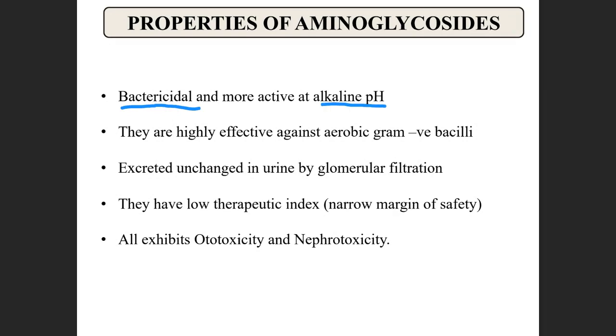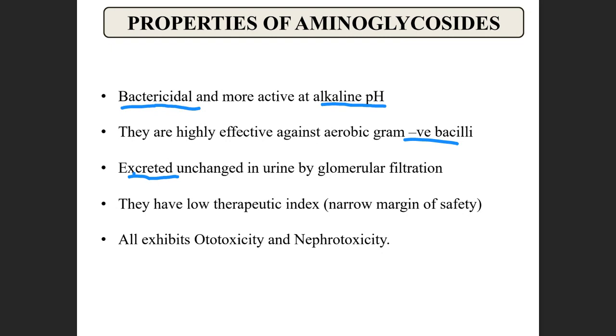And these aminoglycosides are highly effective against anaerobic gram-negative bacilli, basically. And what is the good thing about this? It is excreted unchanged in the urine by a process of glomerular filtration.